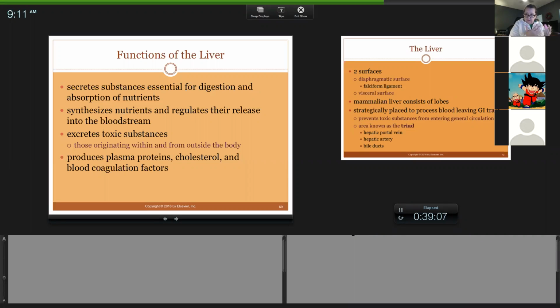So we always do clotting factor checks when we are working with the liver. And then the protein. If an animal has low protein, it's potentially an issue with the liver that we have to investigate.